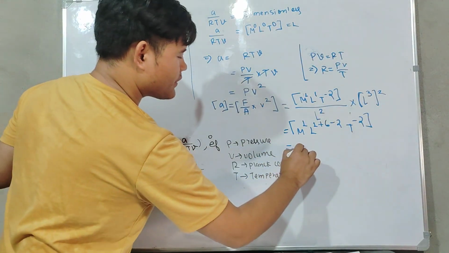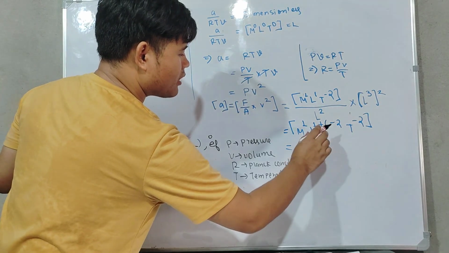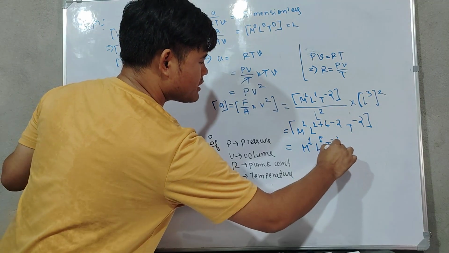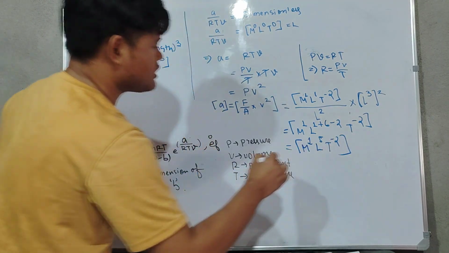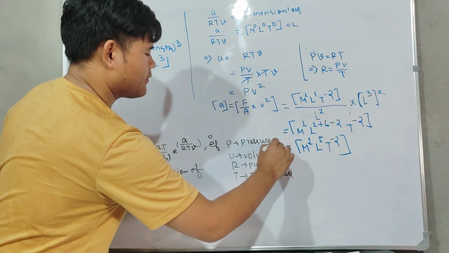So it will be M to the power 1, L to the power 1 plus 6, and when the area goes up it will be minus 2, so 7 minus 2 is 5, and T to the power minus 2. See, we got the dimensions of the constant a.